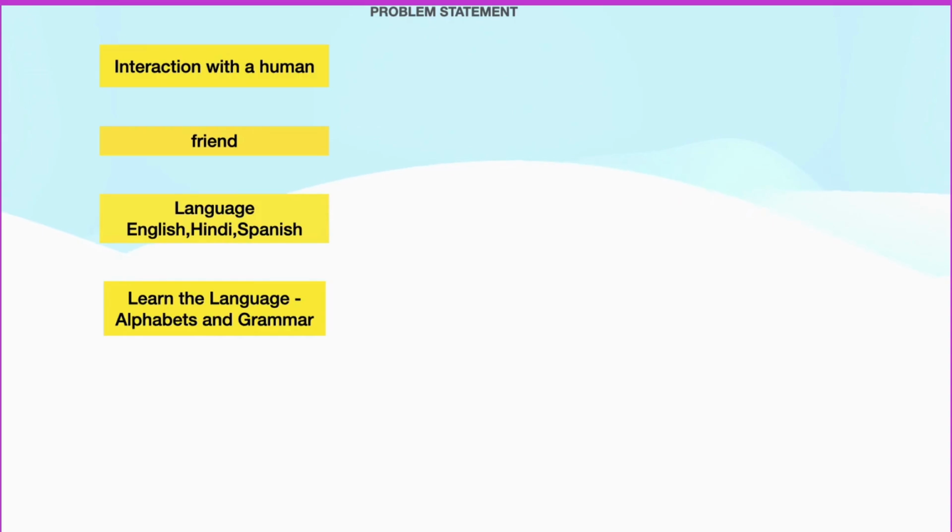For example, if I want to learn English, I need to learn the alphabets like A, B, C, D. Then the grammar associated with it, like the noun, pronoun, the tense, everything, so that I can apply that grammar to the alphabets and form a meaningful sentence so that my friend can understand.